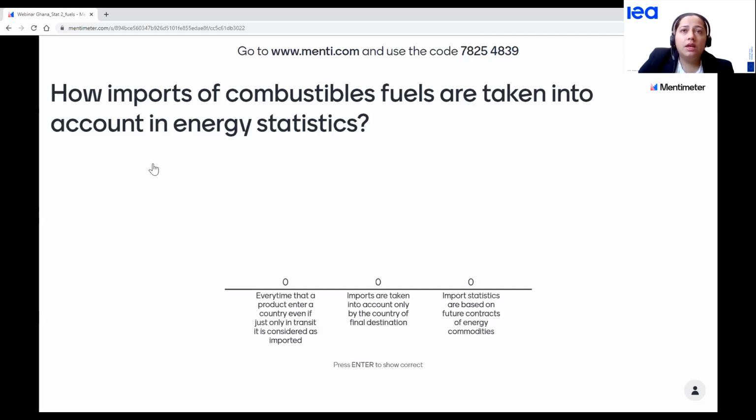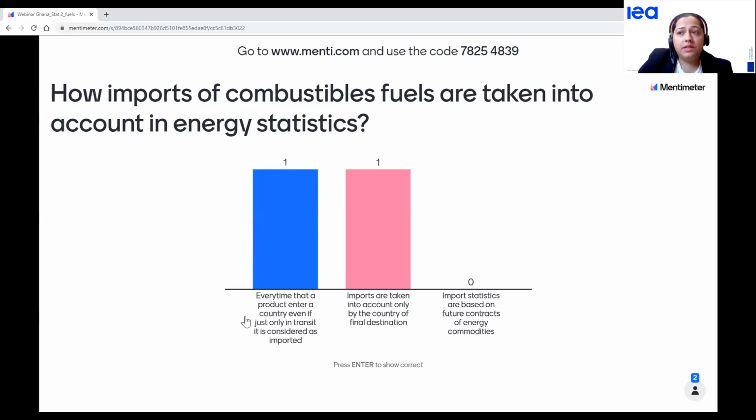The question is, how are imports of combustible fuels taken into account in energy statistics? There are three possible answers. Is it every time that a product enters a country, even if it's only in transit? Is it when you account only by the country of final destination? Or are the import statistics based on future contracts of energy commodities?